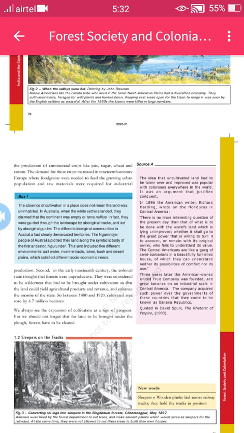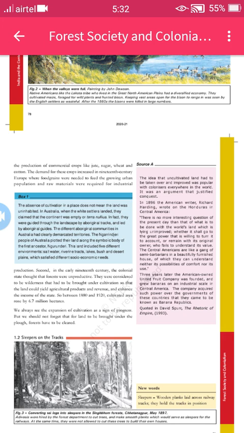And how could they maintain power without water transportation? By the 1820s, when we take the example of that period, the forest resources of India were explored more.